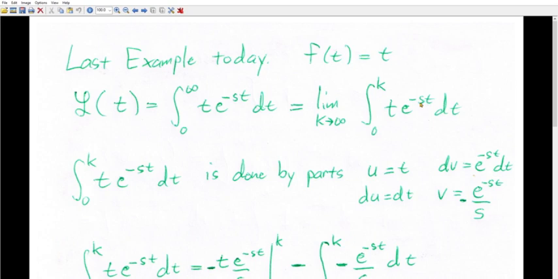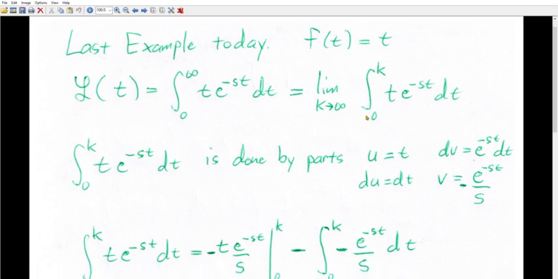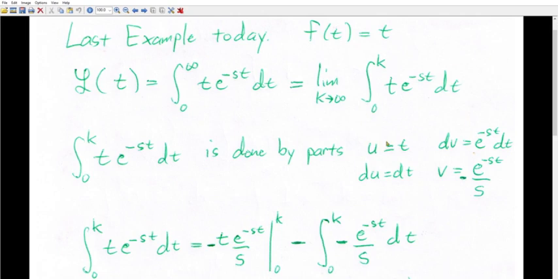We're going to have to do it by parts. So, if you recall, the way we do this is you pick a u part and a dv part, and the right choice here is u equals t. What's left is dv. So you differentiate u, and you get du is dt.